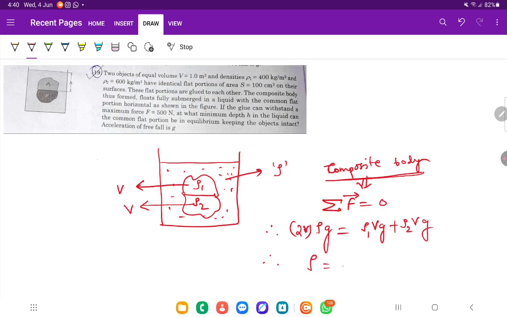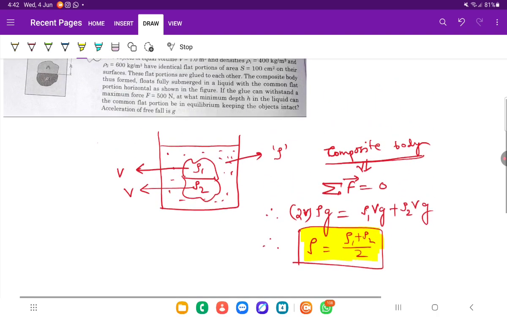From here we will get that rho equals (rho 1 plus rho 2) upon 2. So that's the first step. We are done with this. We have found out the density rho of the fluid in terms of rho 1 and rho 2. We'll use it later on whenever the rho value is required, right?